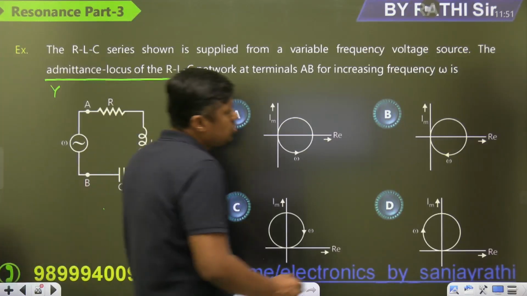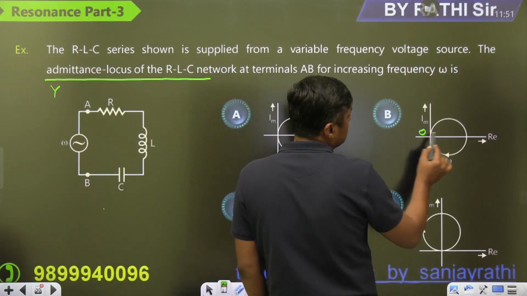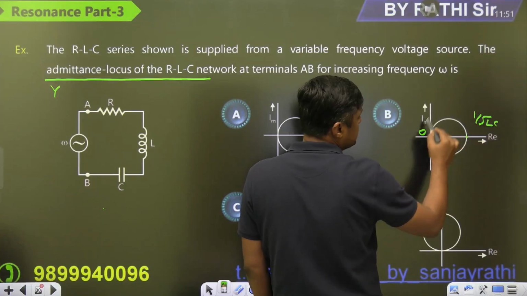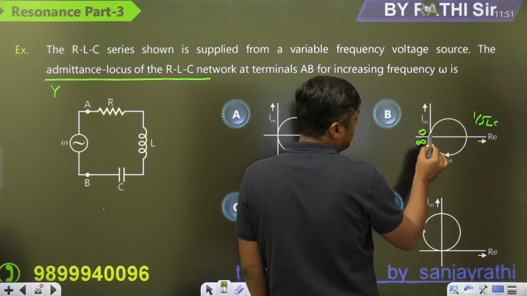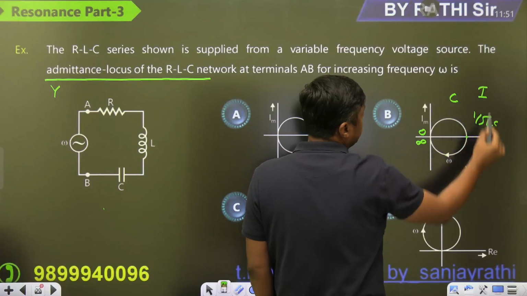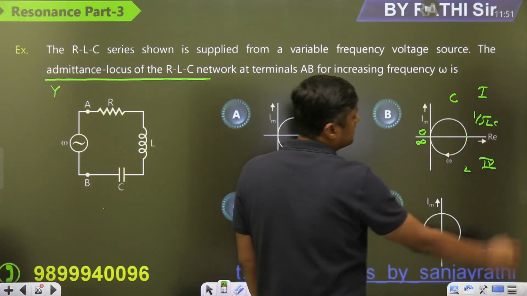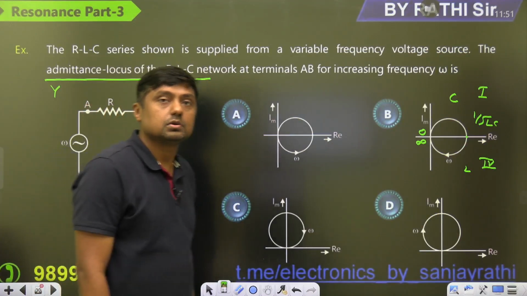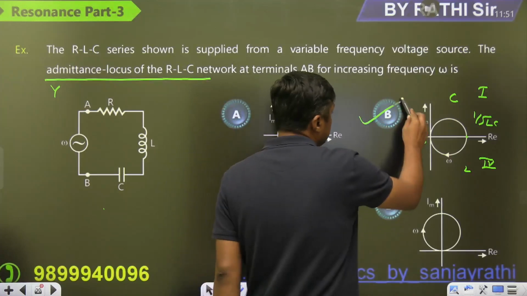So arrow means what? This is 0. This is 1 by root over LC, the resonance frequency, where it is purely resistive, and then again at infinity it will become 0. Here it is capacitive, here it is inductive. It is the first quadrant, it is the fourth quadrant. Okay, and B is the answer.